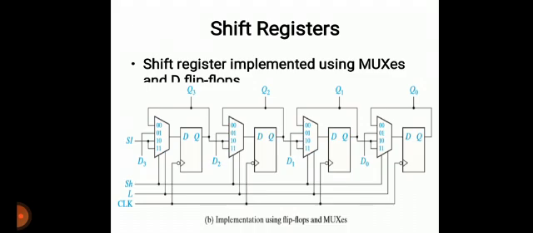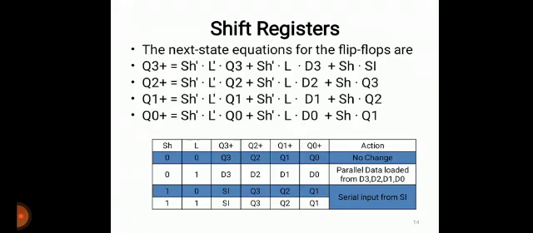This is how the shift operation takes place there. Whenever L is equal to 1 and shift is equal to 0, the loading operation takes place, that too parallel data loading. Next, when shift is equal to 1 and load is equal to 0, obviously the shifting operation takes place there.